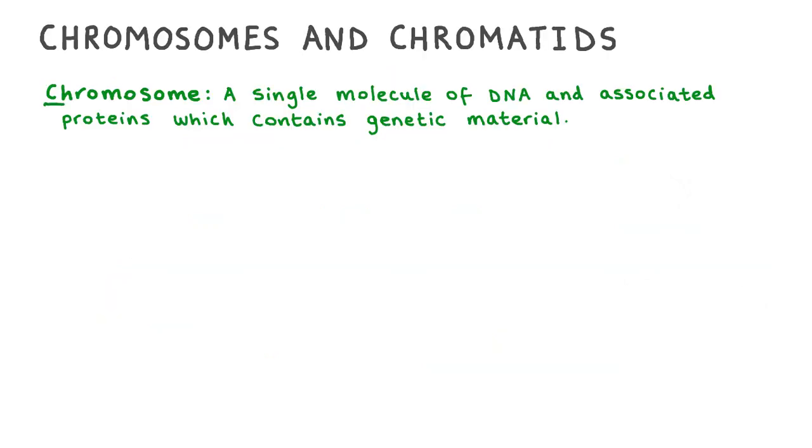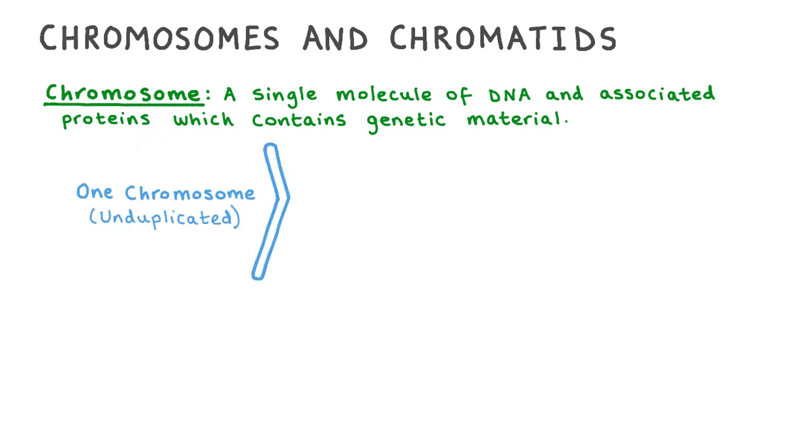A chromosome is a single molecule of DNA and its associated proteins which contains genetic material in the form of genes. We often think of chromosomes as having an X shape, but it's important to note that most of the time this is not actually the case. This is what a single unduplicated chromosome looks like. During cell division, DNA duplicates.